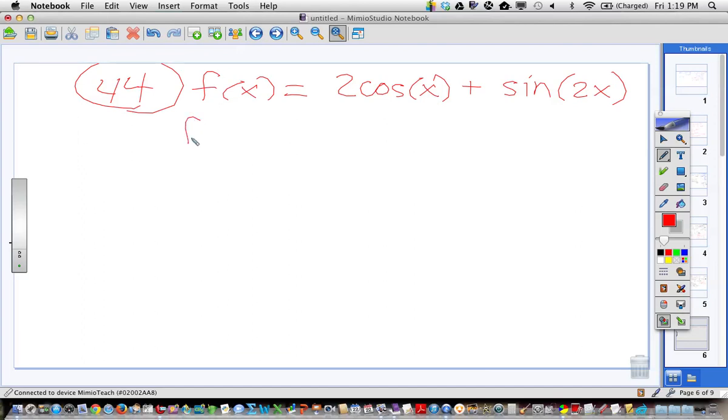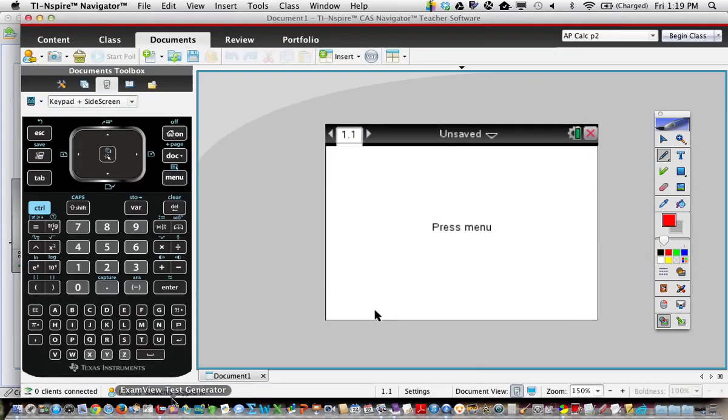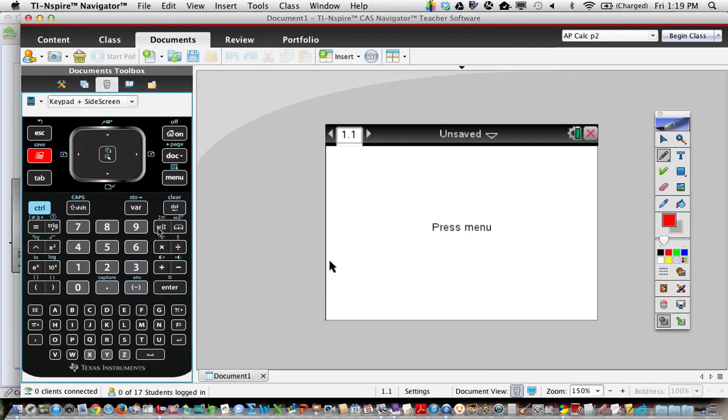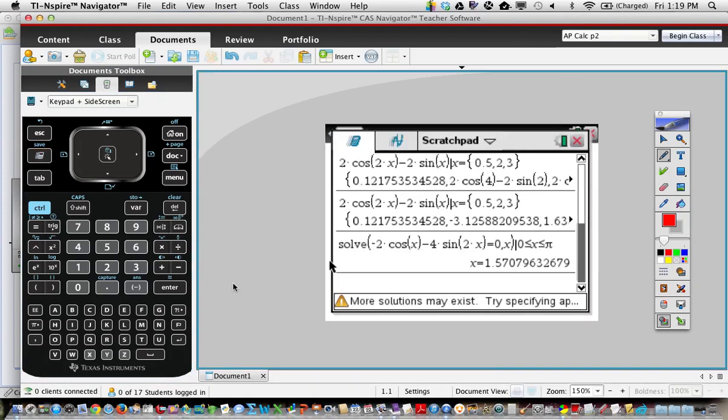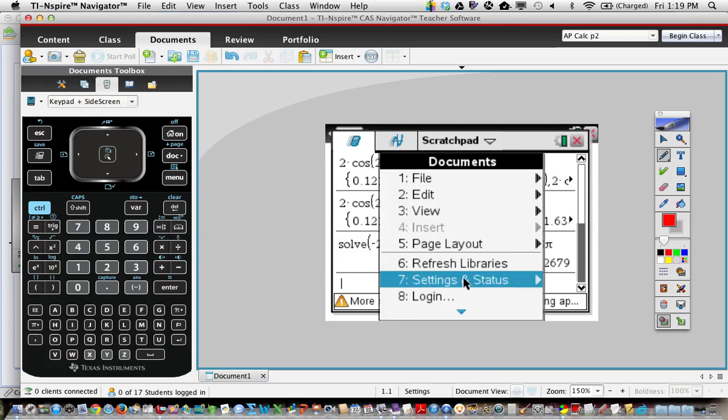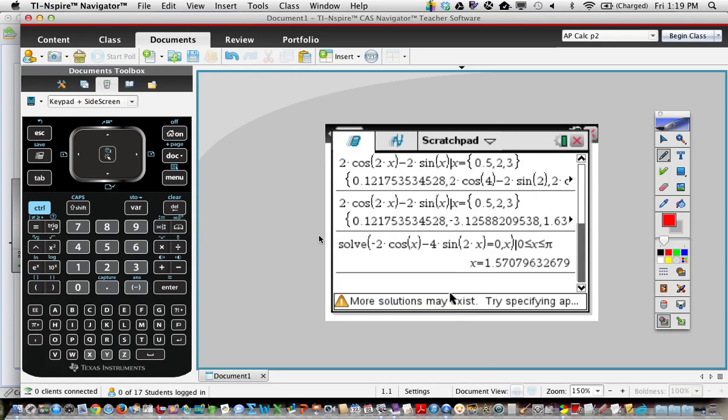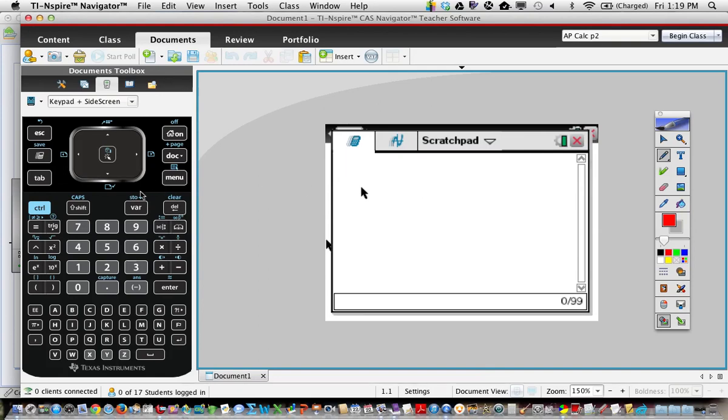Okay, so you've got f prime, which we could do without the calculator. Matter of fact, I'm not so sure it wouldn't be faster without the calculator, but it doesn't hurt to maybe even just check it.